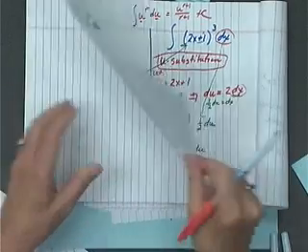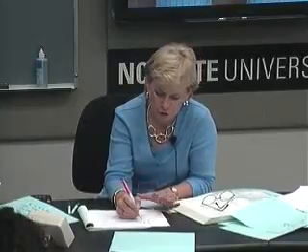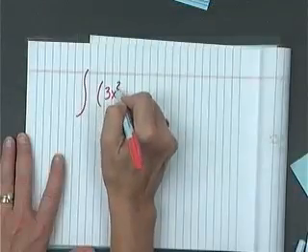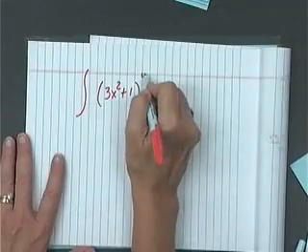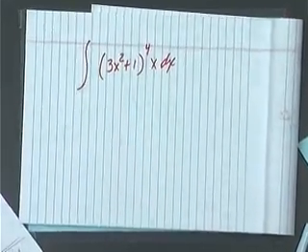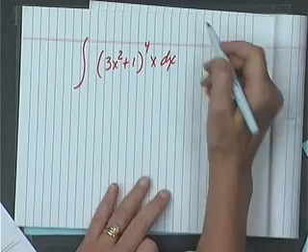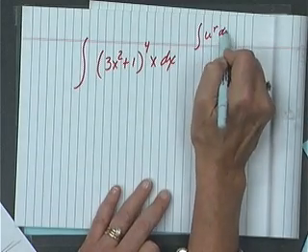All right, we got 2 minutes. I want to see who can get this right quickly. I will not make it too hard. All right. The integral of the quantity 3x squared plus 1 raised to the 4th times x dx. You're going to make it look like the integral of u to the r du, that is your goal.